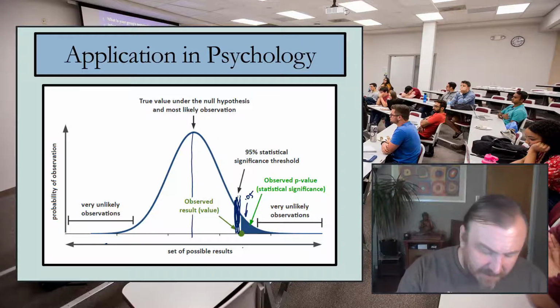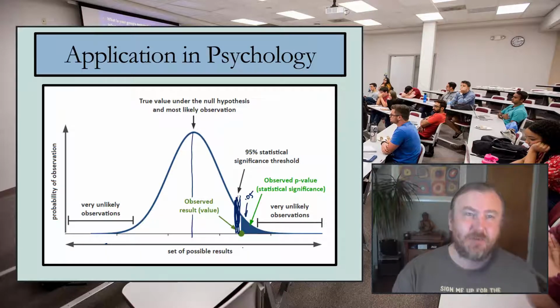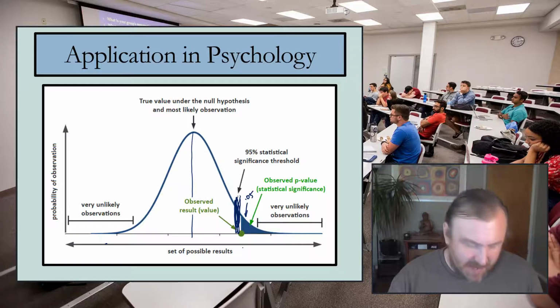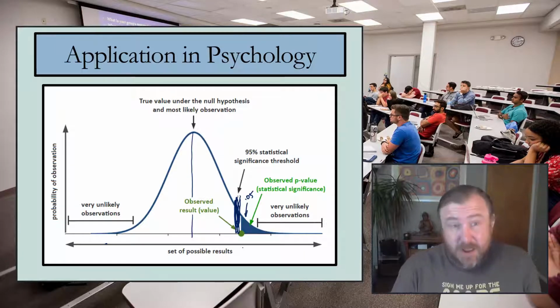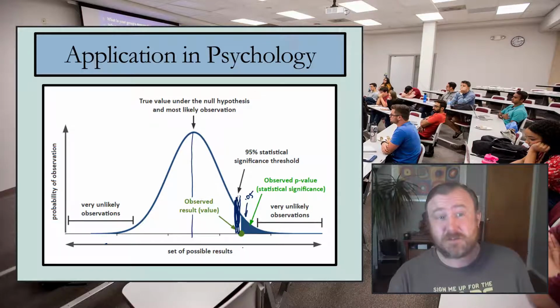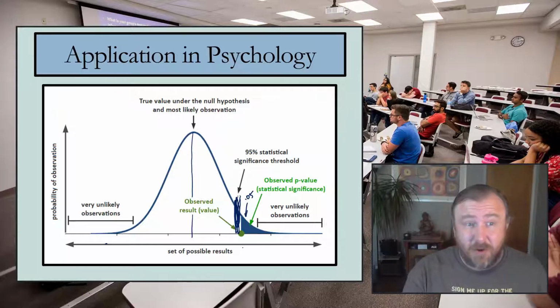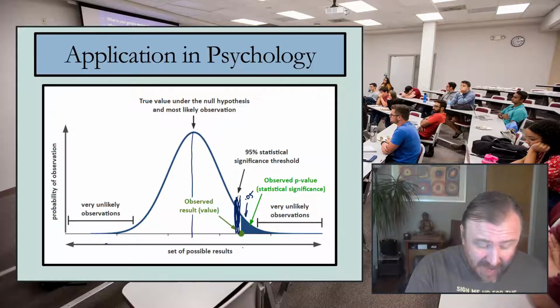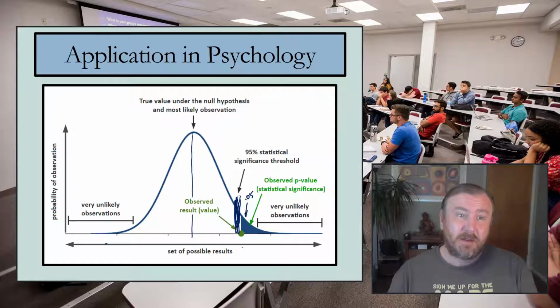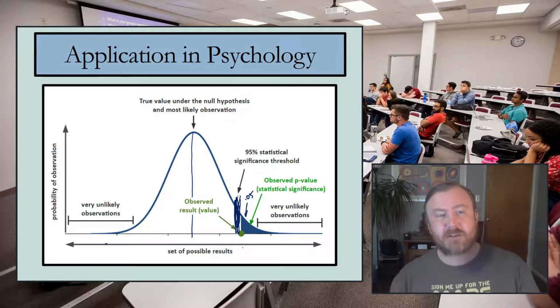And so it's very unlikely that you would just randomly pick a combination of people in your sample that had a mean that extreme. 95% of the time, that wouldn't happen. Only 5% of the time would it just be random error that caused the mean to be that different.